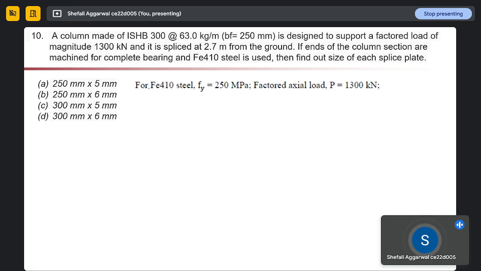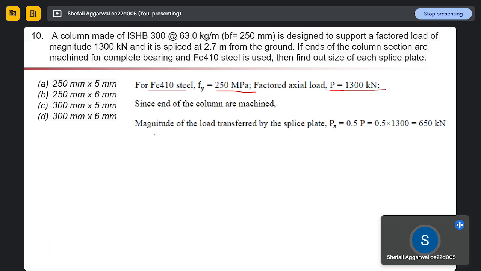So for Fe 410, Fy is 250 megapascal, and what is given to us is factored axial load 1300 kilonewton. What else is given to us? It is a machined end. So end is completely machined.